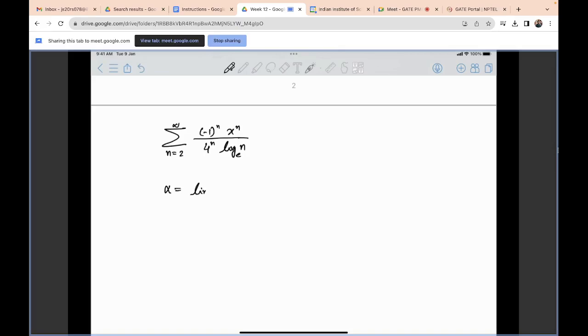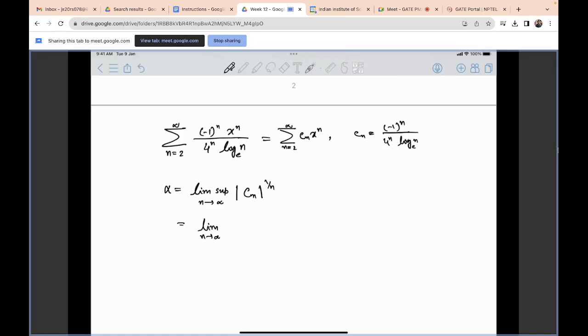What is alpha? Lim sup as n tends to infinity of |c_n|^(1/n). Suppose the series is the sum for n equals 2 to infinity of c_n x^n, where c_n is (-1)^n by 4^n log_e n. So what is this?